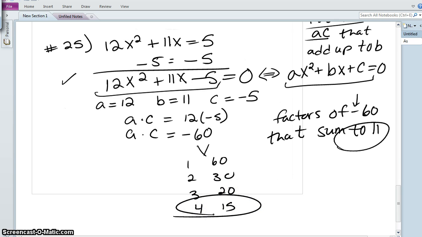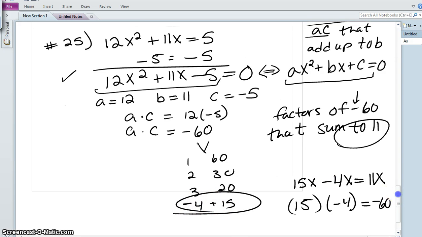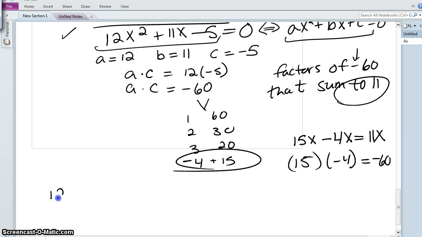Well, there it is. 15x minus 4x equals 11x. 15 multiplied by -4 equals -60. So 15x and -4x are the two I'm going to use to rewrite the polynomial.